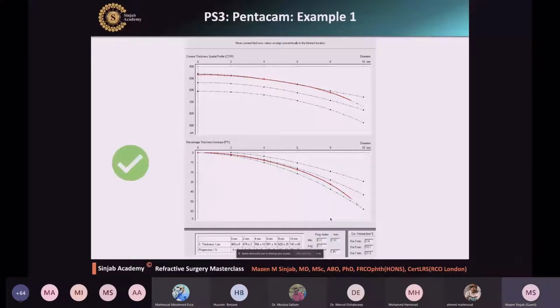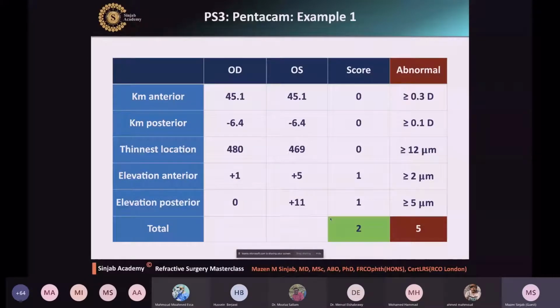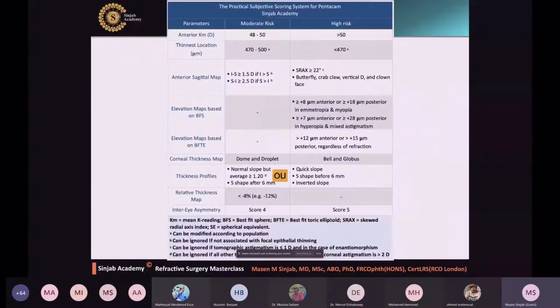Okay, then this is the inter-eye asymmetry. We compare both eyes in terms of KM anterior, posterior, thinnest location, elevation anterior, and elevation posterior. It takes score 2, which is insignificant. So by applying this PS3 of the Pentacam, let's say that there is only thinnest location.